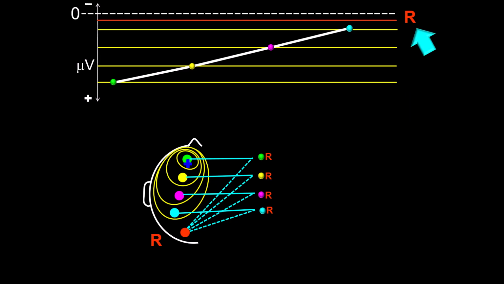Notice that the reference is at the minimum positivity since it is the closest line to the zero line, and that all the other electrodes are positive in relation to the zero line, and that the colors of the electrodes in the voltage graph and the isopotential map are matched, the green being the most positive and most anterior.